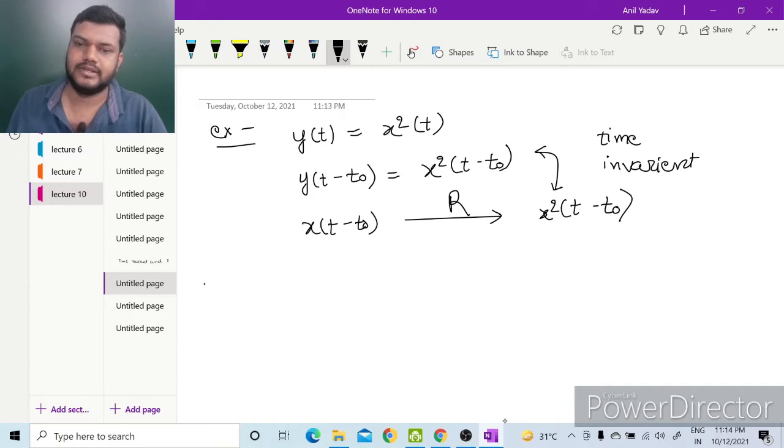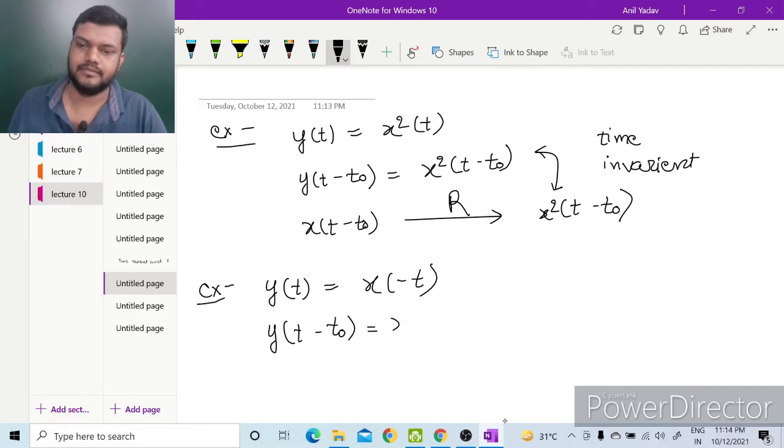Let us take another example. Let us say y(t) is x of minus t. First of all, delay y by t naught. In place of t we replace t minus t naught, so it is x of minus t plus t naught.